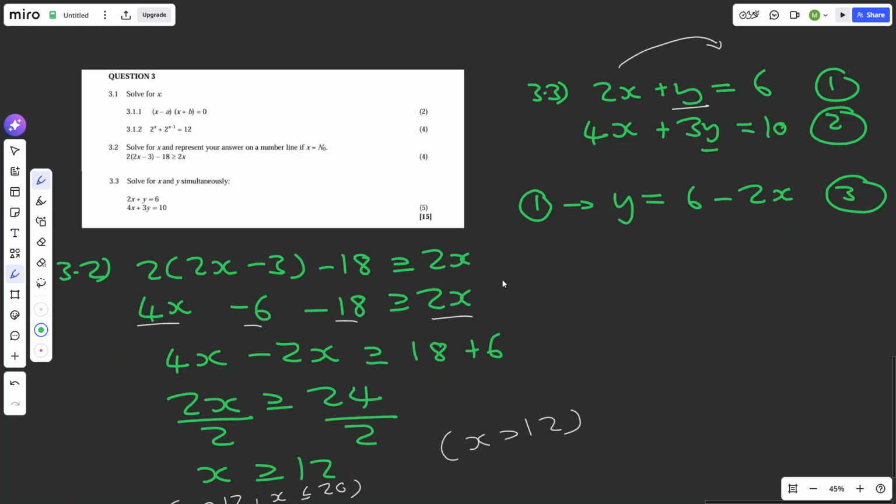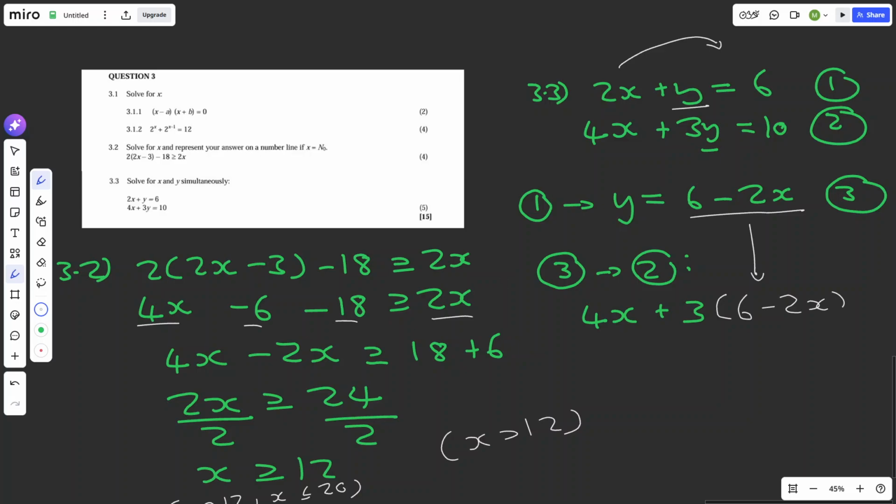Okay, so now this is equation 3. We're going to take equation 3 and substitute it into equation 2. So it's going to be 4x plus 3, and this is where we substitute this part here, which is 6 minus 2x.